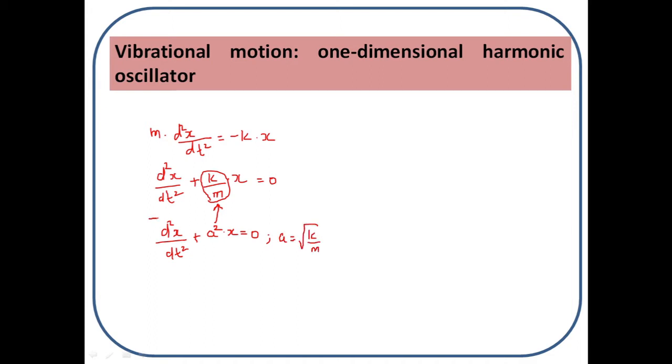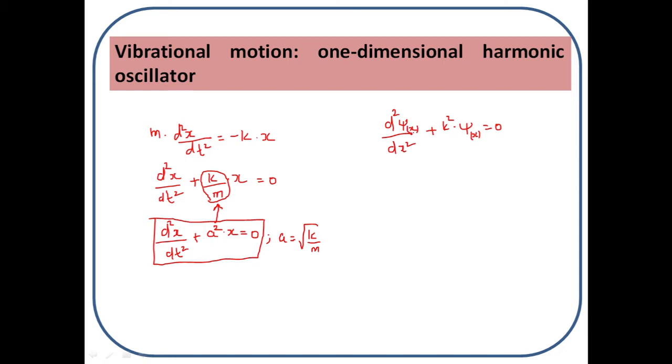Now, this is in the form of a standard second order differential equation. We know that the standard second order differential form is always d square psi by dx squared plus k squared psi is equal to 0, where psi is a function of x only.